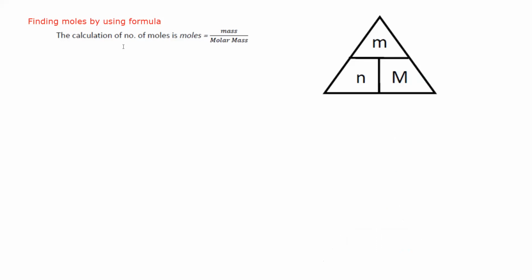So how to use this formula? Example, if I say find moles of carbon in 36 grams of carbon.